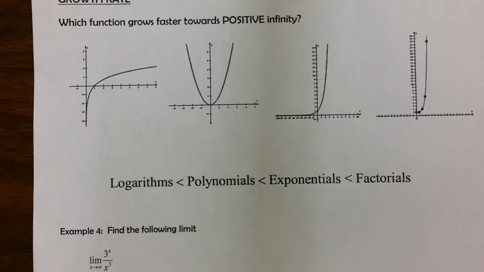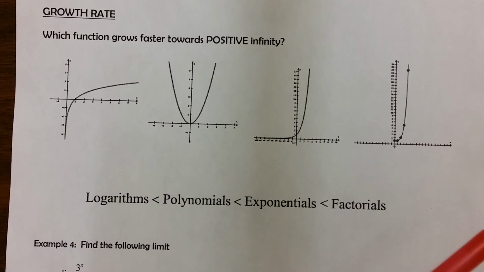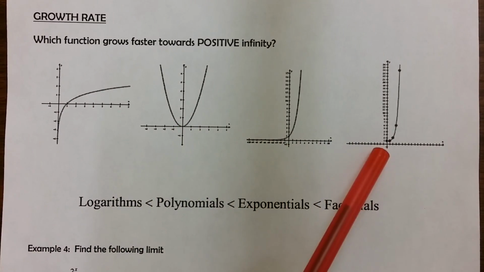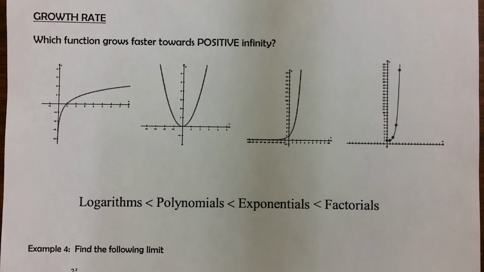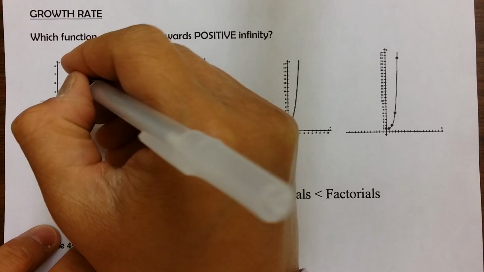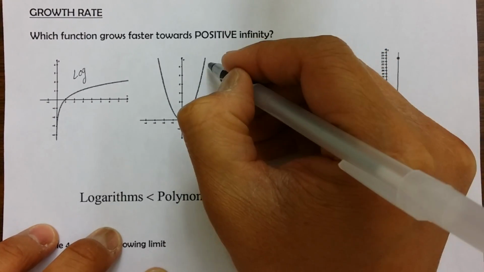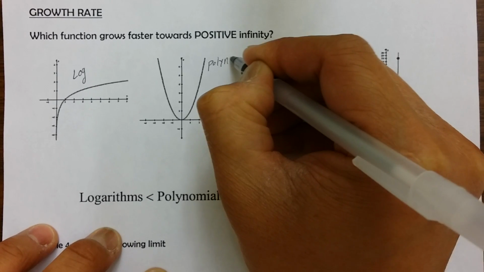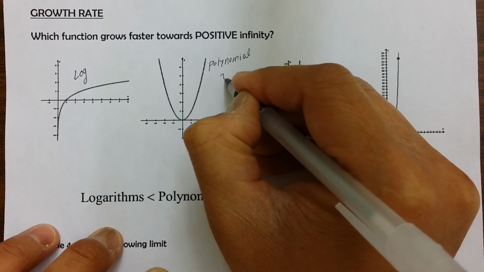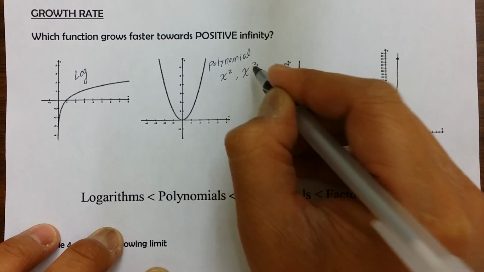We're going to go ahead and talk about some of the growth rates. Which function grows faster than the other? I rearranged 4 functions here from the slowest to the fastest. The name of this function is logarithmic. So this is log. This is polynomial. For example, x squared, x cubed, these are polynomial.